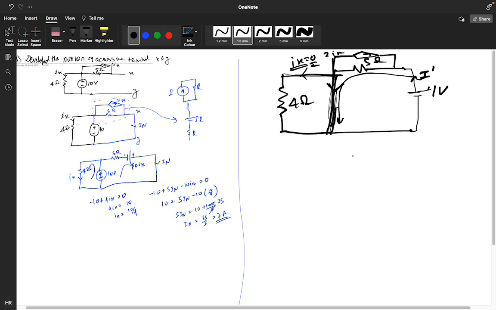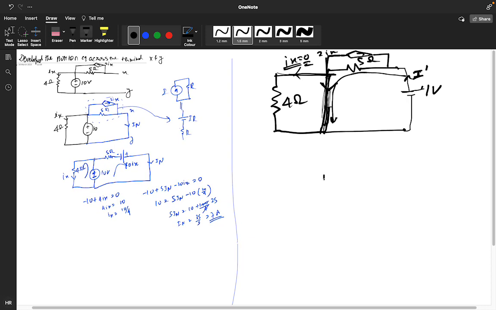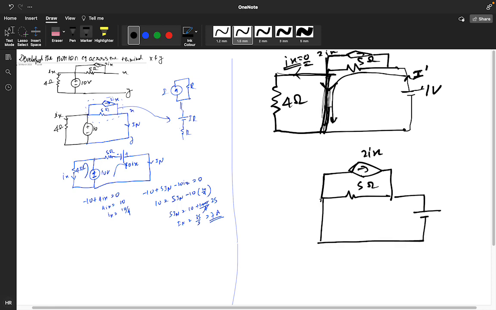If the Ix value is 0, then this is my 2Ix, this particular is a 5 ohm, this is my test source. So it means it's open, and the dependent source is also open because it depends upon this value. So this is my 1, this is my I dash, and this is 5.